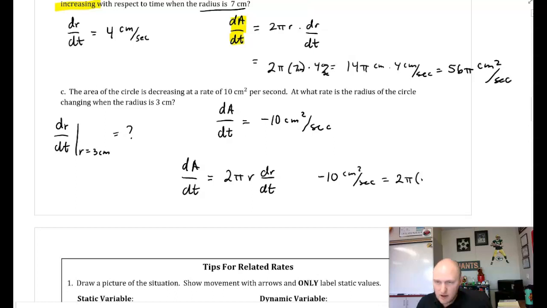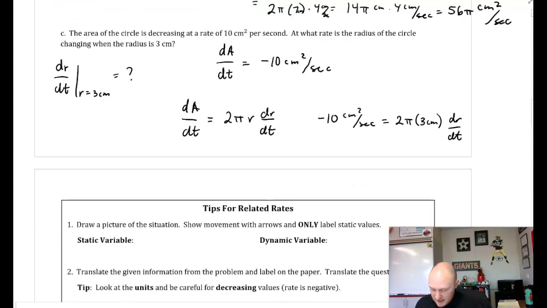They want to know how the radius is changing when radius is 3 centimeters. So 3 centimeters times dr/dt. Okay, so if I go ahead and solve this, I'm just going to divide each side by 6 pi centimeters.